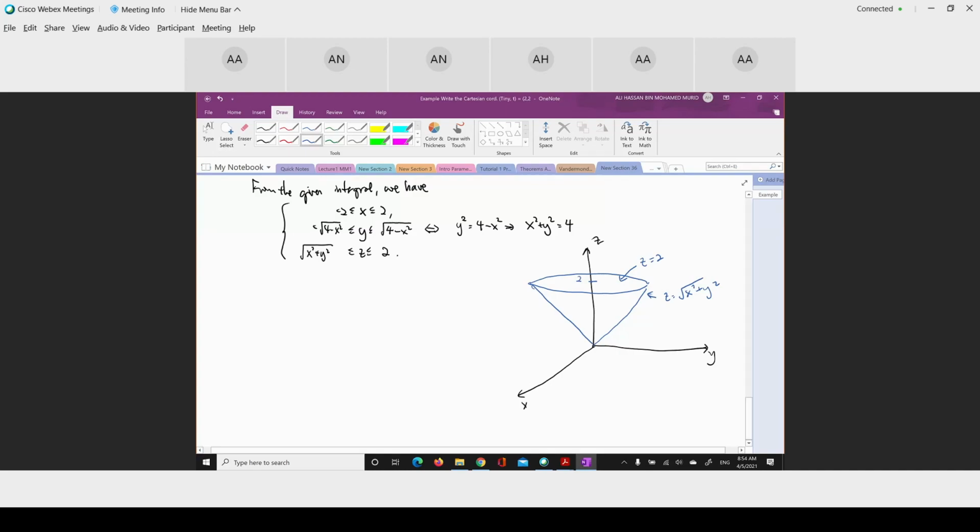So what is the bound for xy? That's why the bound for xy is in this red shaded region here. This red shaded region, the boundary is x squared plus y squared equal to 4.